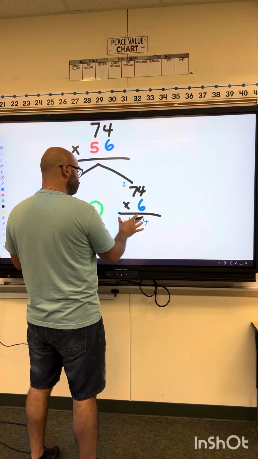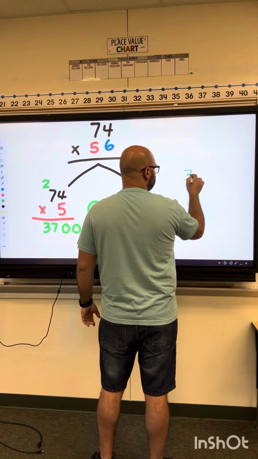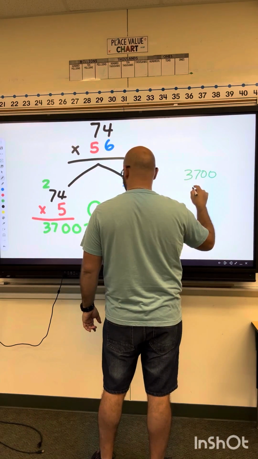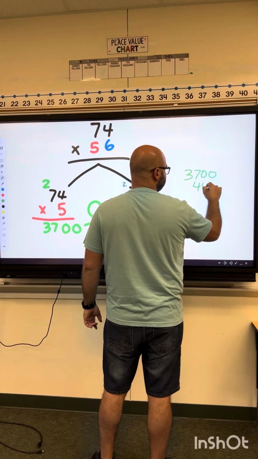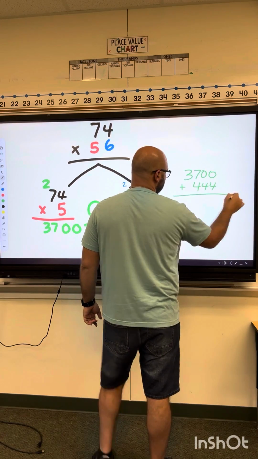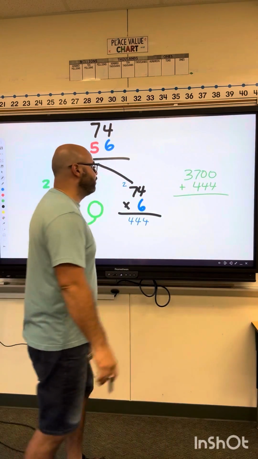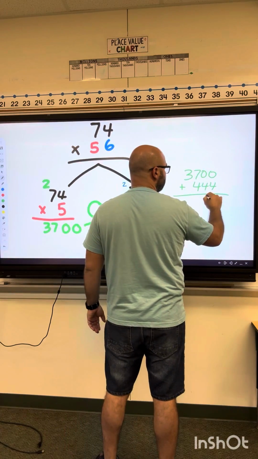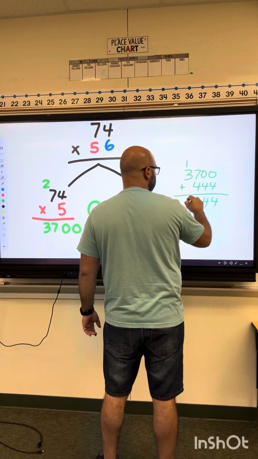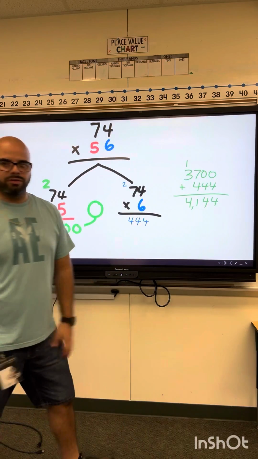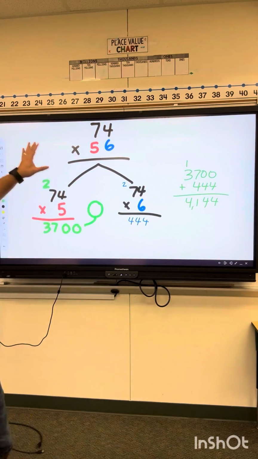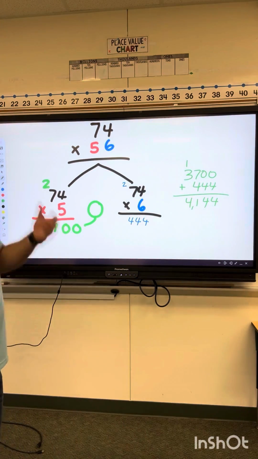We're going to take these two products and we have to add them. Just different ways. There's so many ways to do math. Here we go. 4, 4, same thing, 4. It should give you 4,144. So this is just another way of doing it.